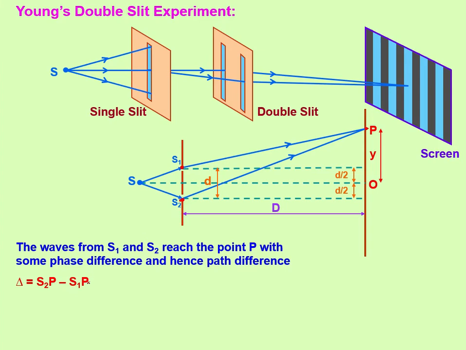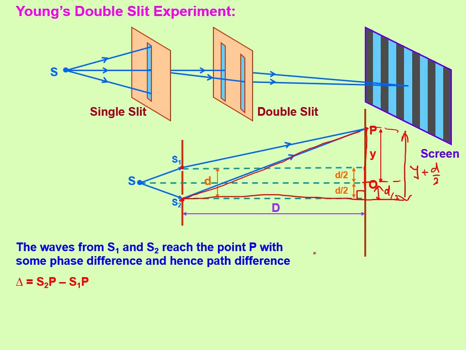All right. To further elaborate, we'll consider this triangle. This is S2P, this is capital D, and this vertical part is Y plus d by 2. So the height of this triangle is Y plus d by 2. This is a right angle, so S2P is the hypotenuse, the base is capital D, and the side is Y plus d by 2.